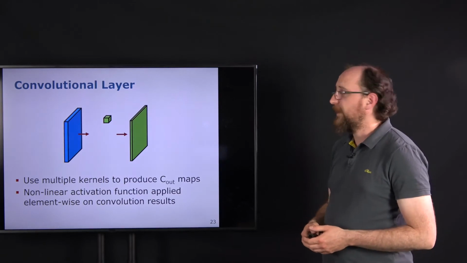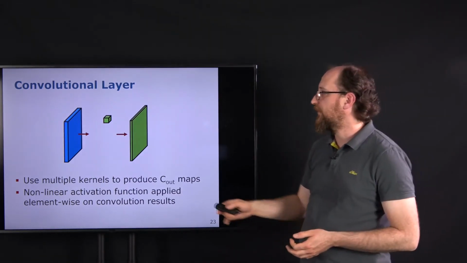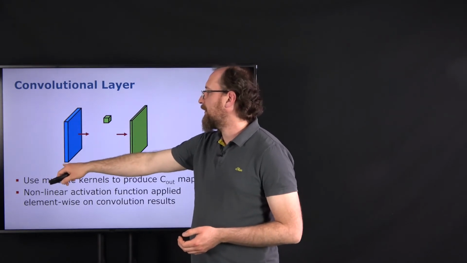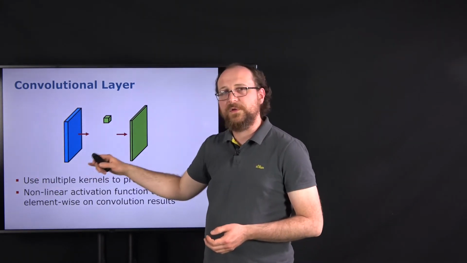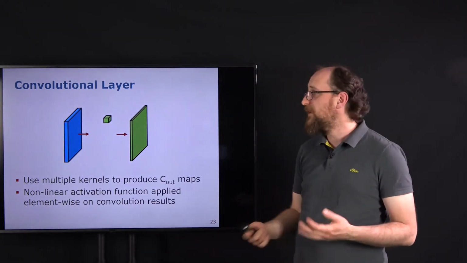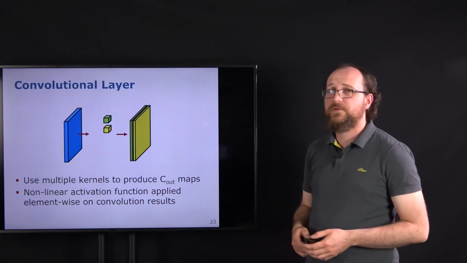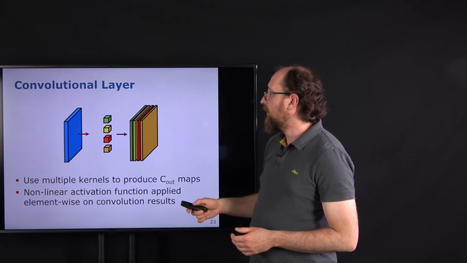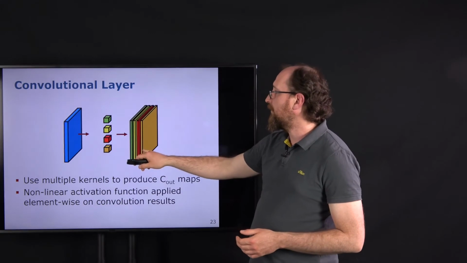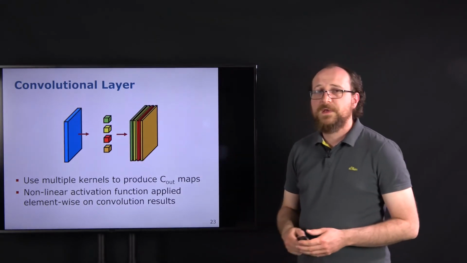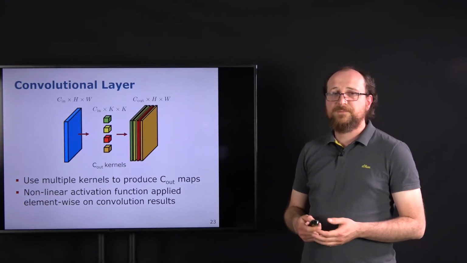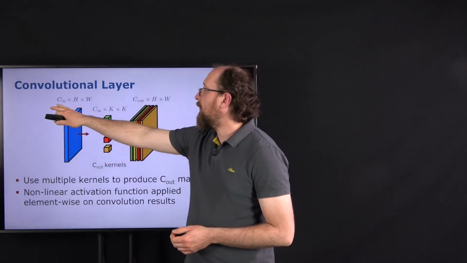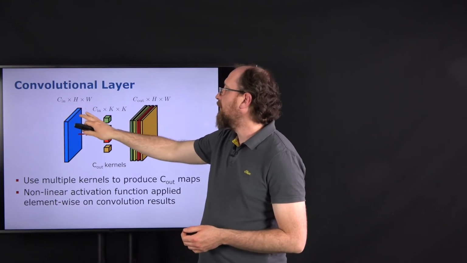Now coming to what is actually a convolutional layer. A convolutional layer applies multiple convolutions. So this is the input to the layer. This might have not only one channel as input, but many channels. And then we are applying multiple convolutions, and this gives us multiple activation maps. In the end, we have as input the number of channels, C in, times h times w.